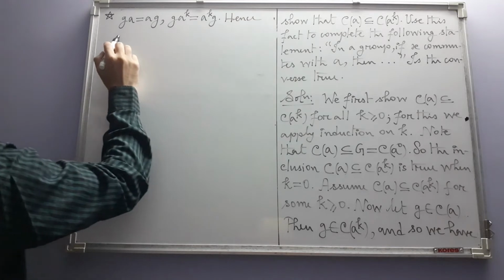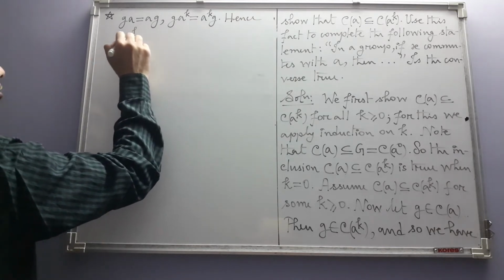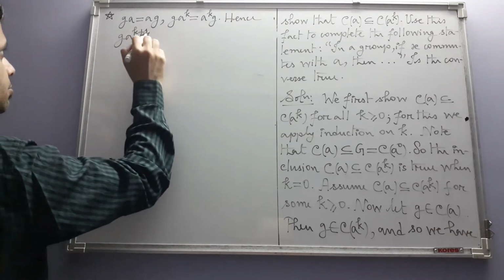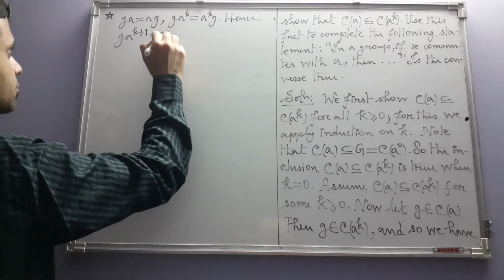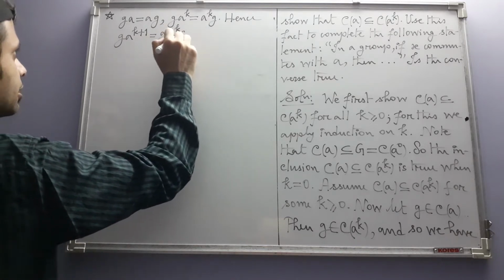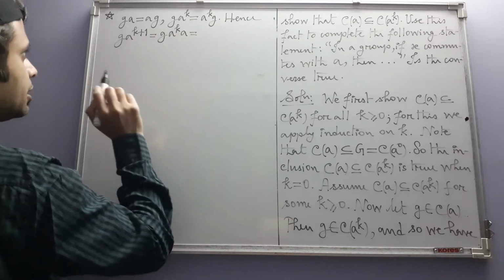Hence G commutes with A to the power k plus 1. Using the rules of exponent, you can write A to the power k plus 1 like this.